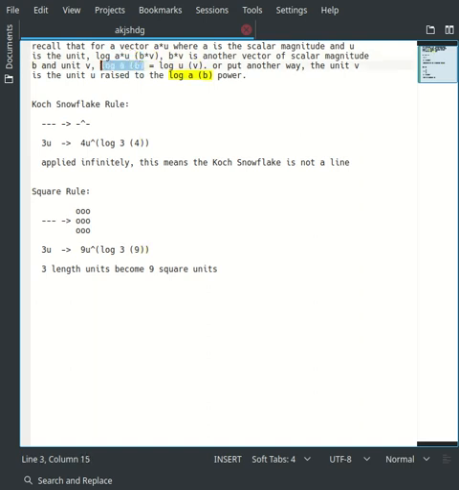You can isolate that, and that is exactly the same as the log base unit portion of the other unit. And that relates this unit to this unit in the same way. So the unit of BV is related to the unit of AU in the same exact way that the number of AU relates to the number of BV.